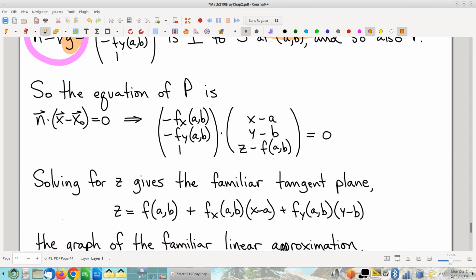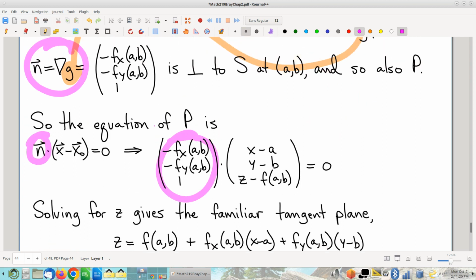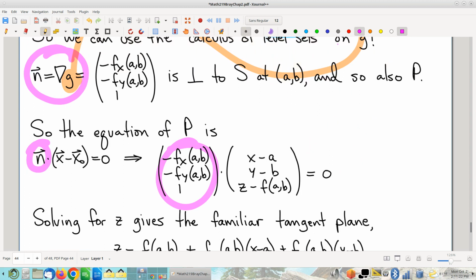Once you have the normal vector, it goes here in the equation for the plane. Here's the equation for a plane.